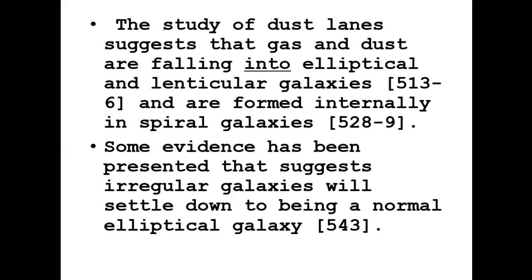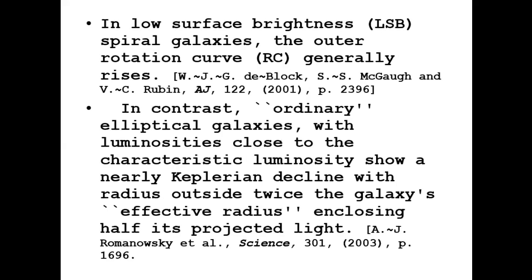Some evidence has been presented that suggests irregular galaxies will settle down into being normal elliptical galaxies, and so too with radio source galaxies. In low surface brightness spiral galaxies, the outer rotation curve generally rises, and we'll see that here in a bit.